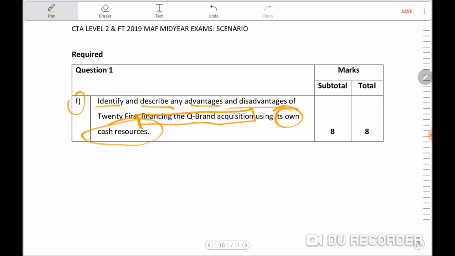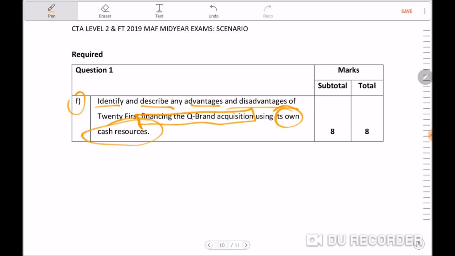Some students were discussing the other financing options instead of the advantages and disadvantages of using cash resources. A possible reason for this pitfall is failure to interpret the required. If you incorrectly interpreted the required, you are likely to end up raising points which were invalid for this specific financing option.